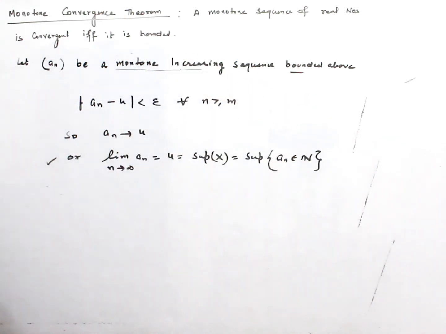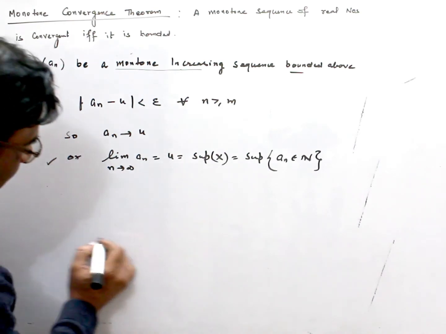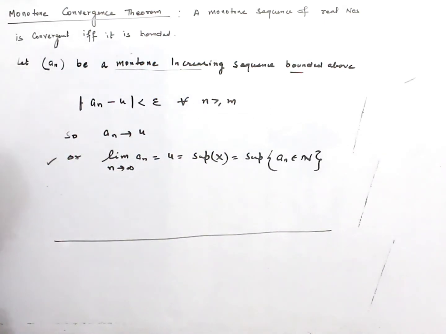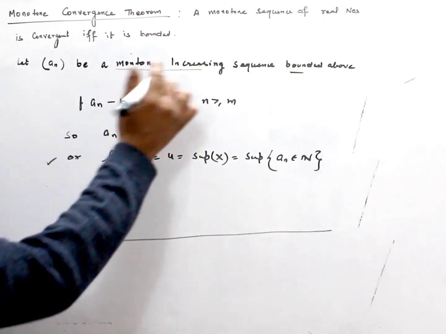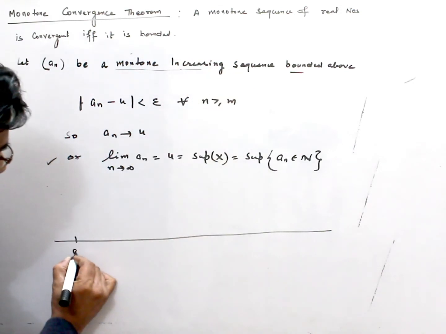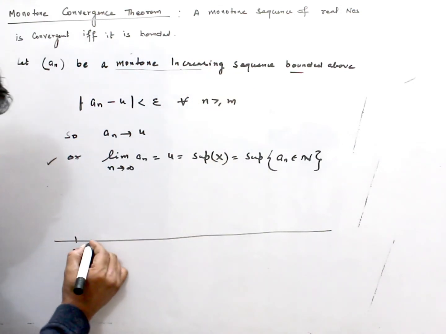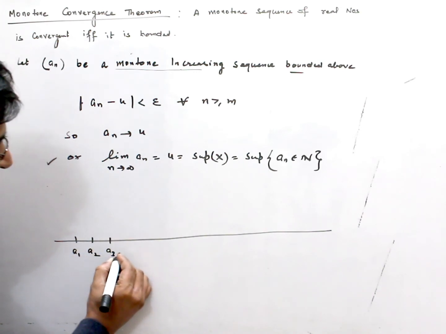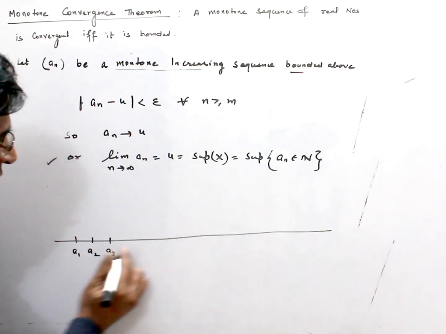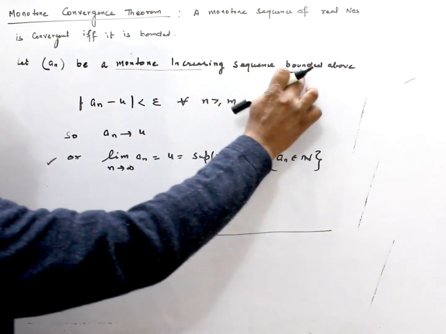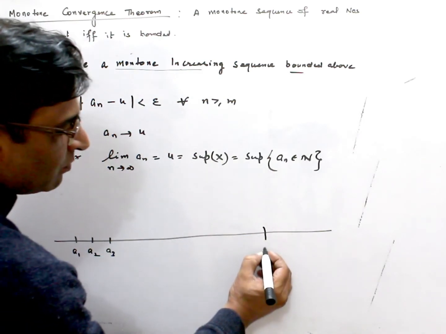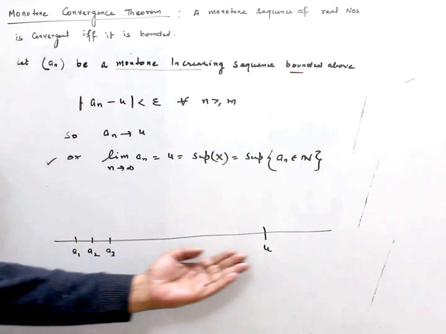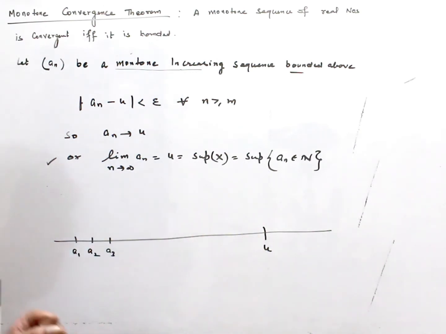And geometrically, how can we understand this whole thing? If this is the real line, because the sequence is increasing, it will move from left to right: a1, a2, a3, and so on. But because it is bounded above, there exists some U here, which is the supremum or least upper bound.